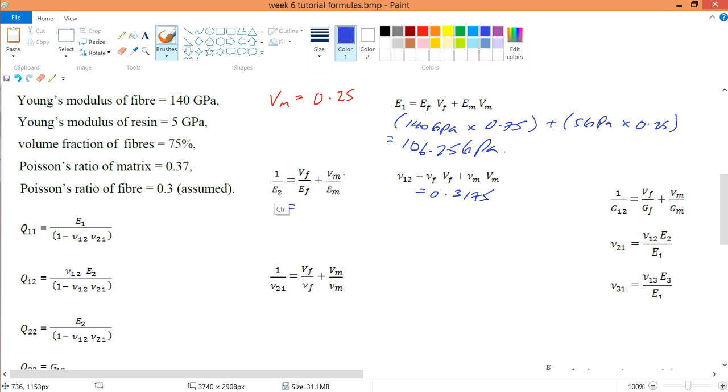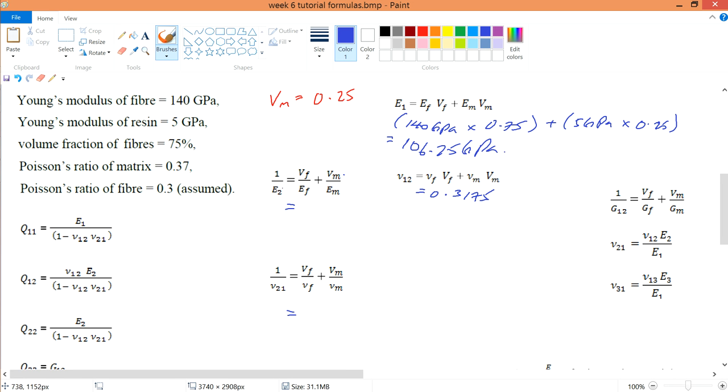This is for E2. You need to find volume fraction divided by Young modulus. If it's for Poisson ratio, then you use volume fraction divided by Poisson ratio. So if you want to find Young modulus, you divide your volume fraction by Young modulus. If you want to find your Poisson ratio, you use your volume fraction divided by Poisson ratio.